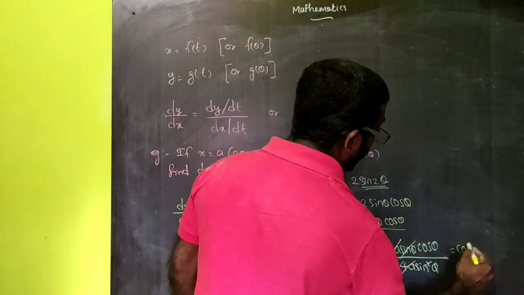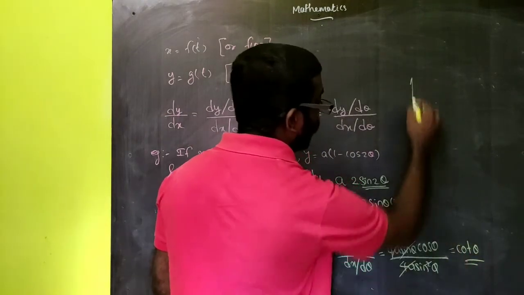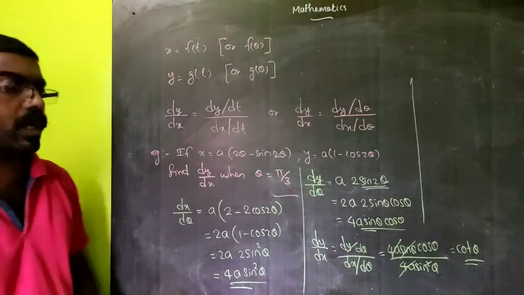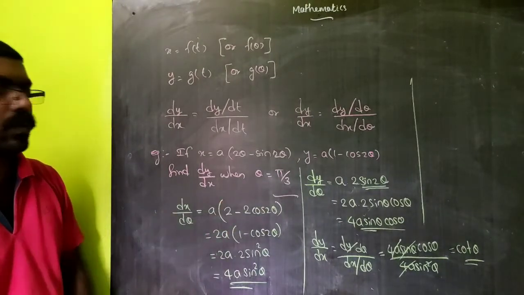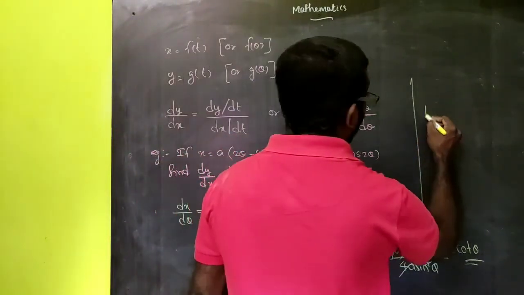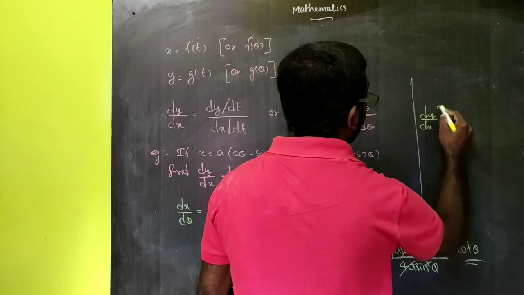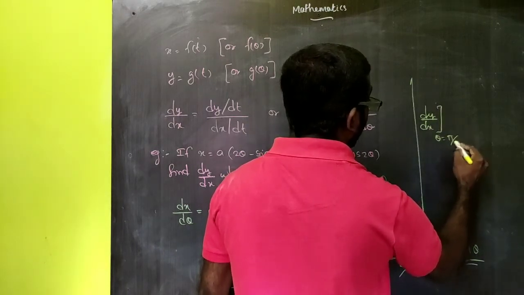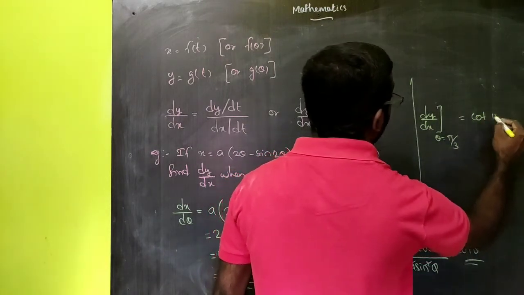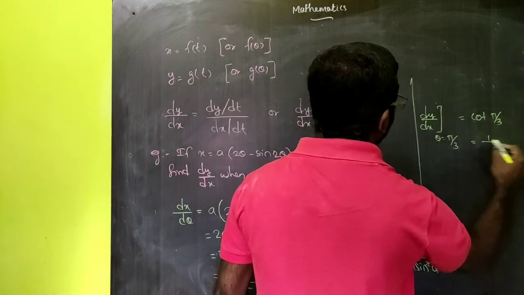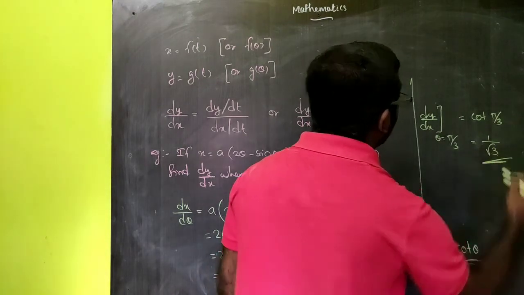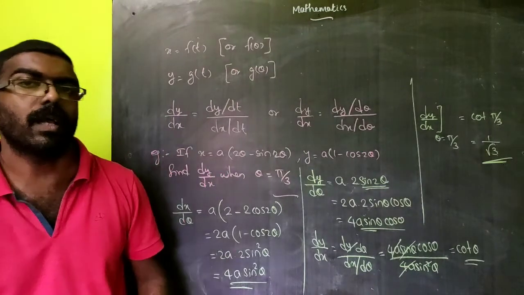Cos theta by sin theta is cot theta. And we have to find the derivative when theta is equal to pi by 3. So dy by dx at theta equals pi by 3 is cot pi by 3, cot 60 degree, which is 1 by root 3. So our final answer is 1 by root 3.